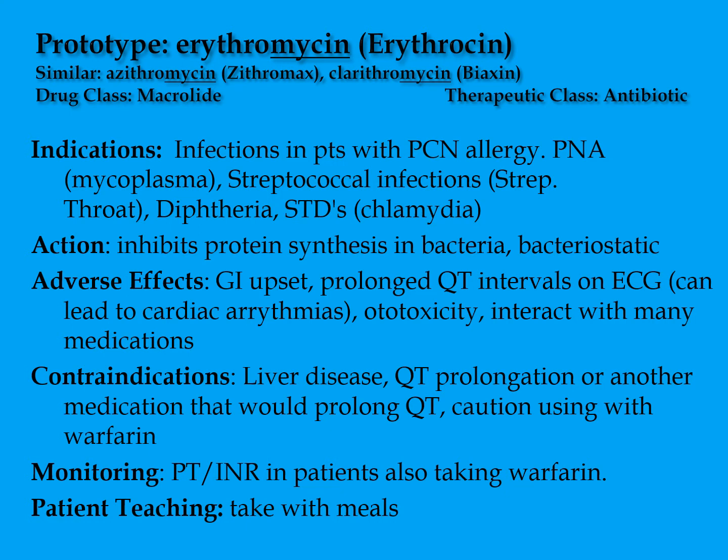How do they work? Well, they inhibit protein synthesis in bacteria. They're bacteriostatic. What are the adverse effects? Well, GI upset is definitely very important because that is the main side effect of this group. Any of these can prolong the QT interval.